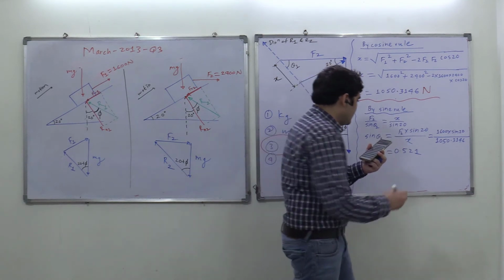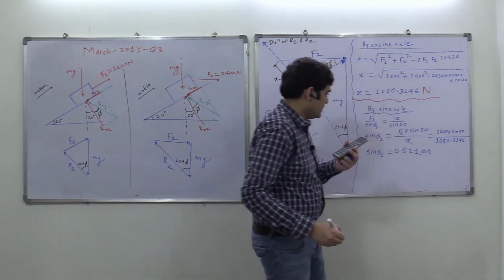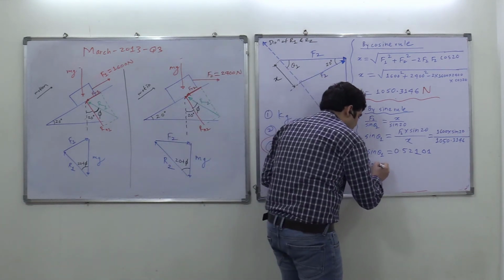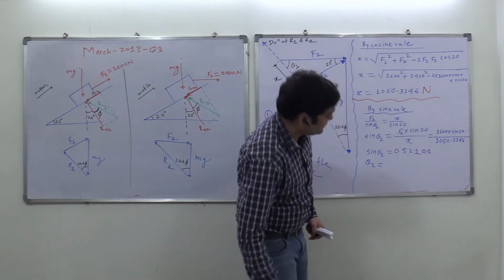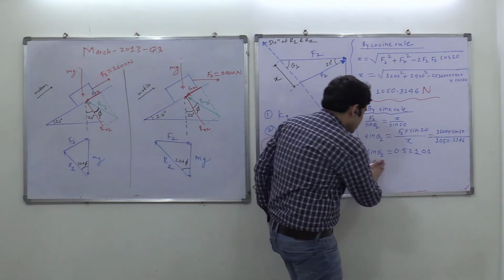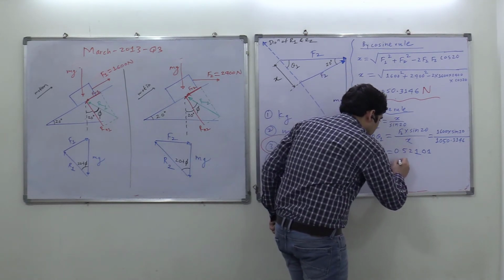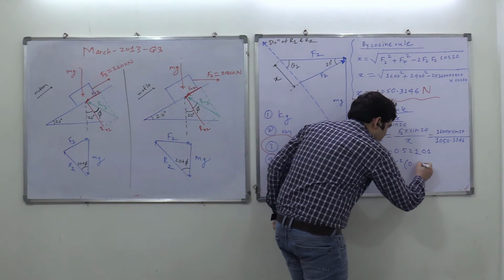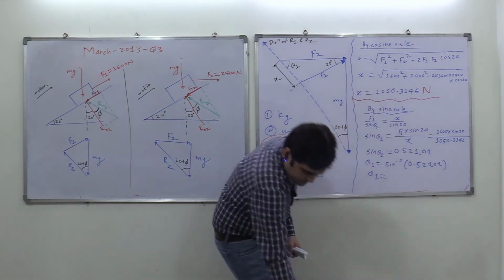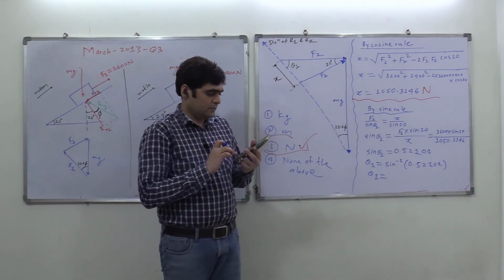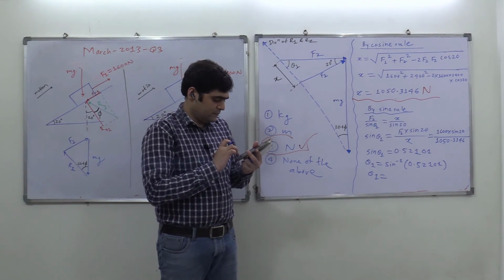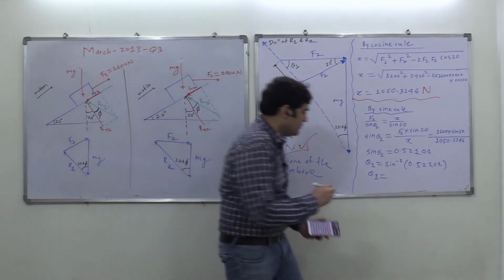Is everyone getting the same answer? Check it, guys. Good. So what will theta 1 be? Theta 1 is sine inverse of 0.52101. Please everyone calculate theta 1. Second opinion: how much? 31.